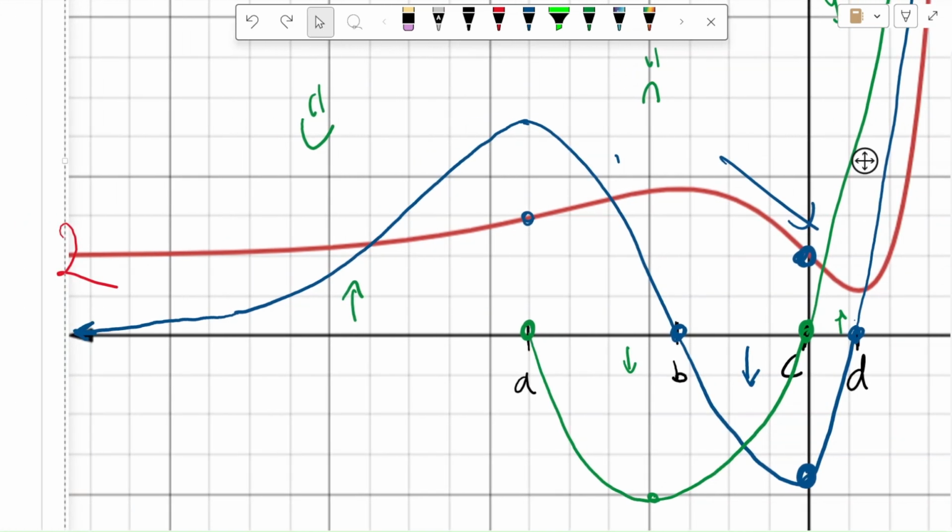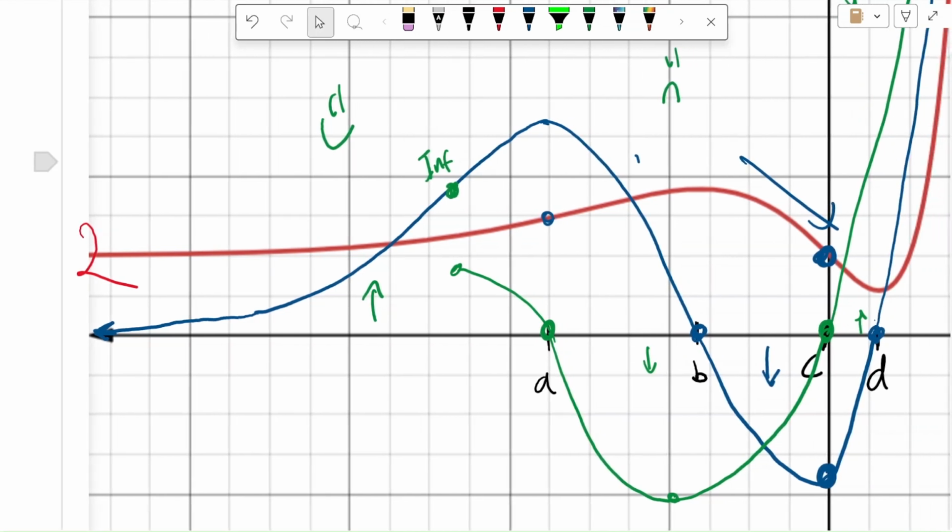All right, now let's look at what's happening to, I guess, the slope of this graph, which is also reaching 0. So that would tell me something about what's happening with the green one. I've also got another inflection point there. So that's going to translate into being a local maximum there. And it looks to me like maybe this green one's going to settle down at 0 as well.